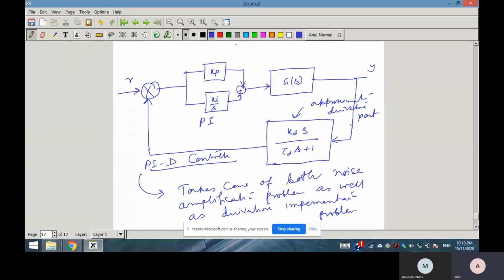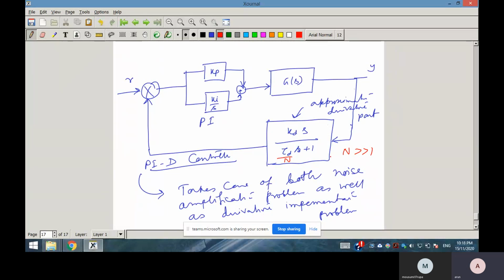In fact, here sometimes we add one N to make this much faster. So N is greater than 1. So some tau D is chosen, and then N is made much greater than 1 depending on requirement.